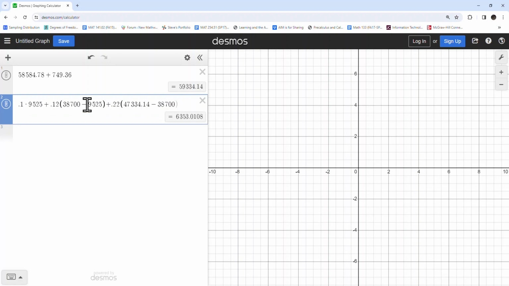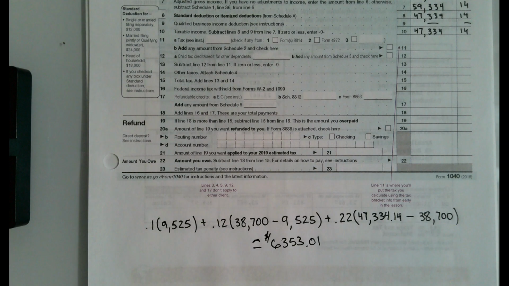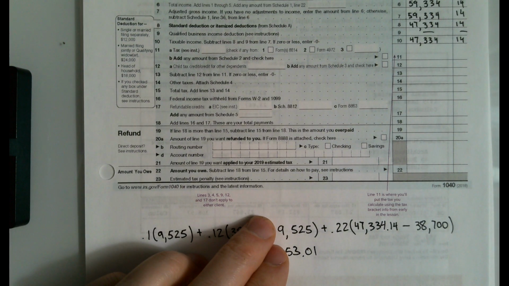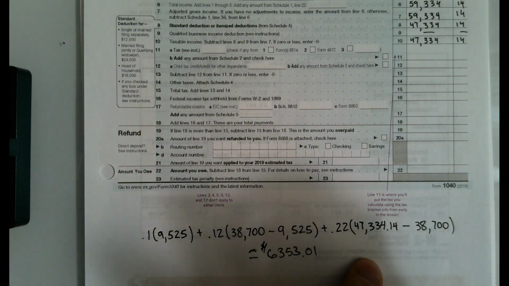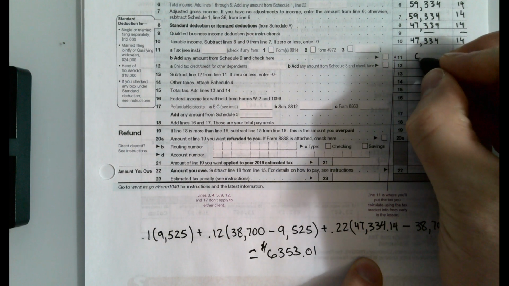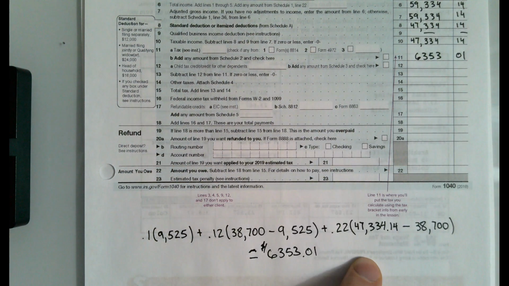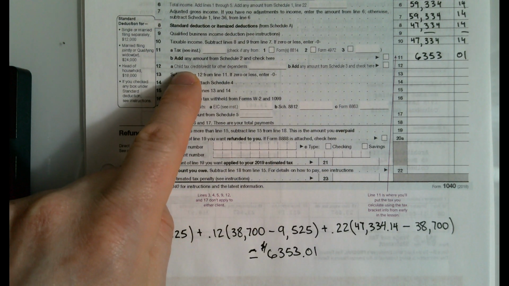So the amount of taxes, according to Desmos here, is $6,353.01. That's what we owe the federal government. And that's what we're going to put in line 11. $6,353.01.